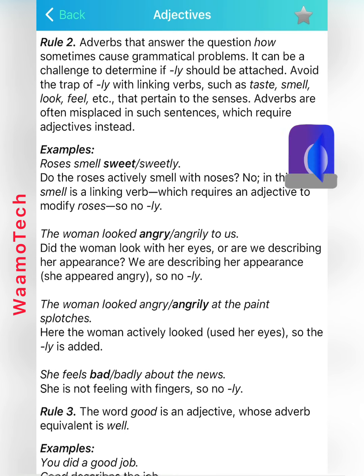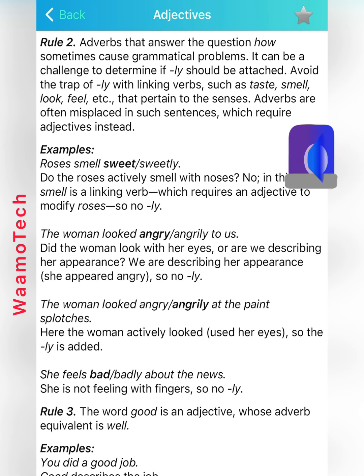Or are we describing her appearance? Yes, we are describing her appearance. That's why we say she looked angry to us. The way she seems to us is like she's angry. She appeared angry. So we don't add ly.